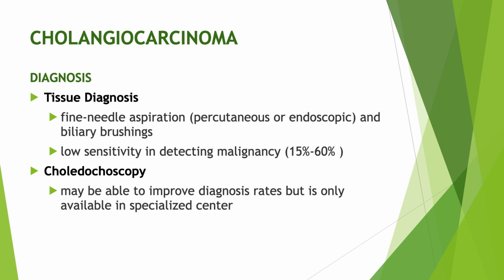Tissue diagnosis can also be done through fine needle aspiration by percutaneous or endoscopic approach and also biliary brushings. However, it has a low sensitivity in detecting malignancy, about 15 to 60%. We also have choledocoscopy. They may be able to improve diagnosis rates, but is only available in specialized centers.